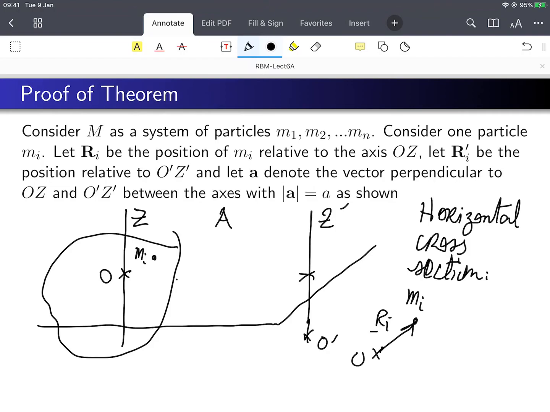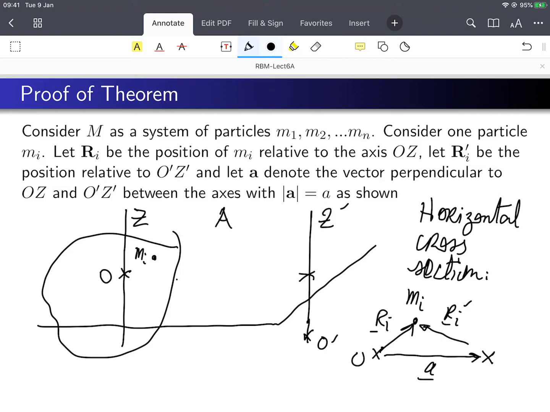Ri, that's the position vector of the particle mass Mi with respect to the origin. And then if I go towards the other axis, I have this vector A here. And then between the two, I have Ri prime, which is the position of Mi relative to that intersection of the horizontal plane with the Z prime axis.